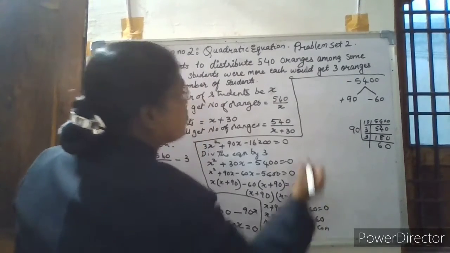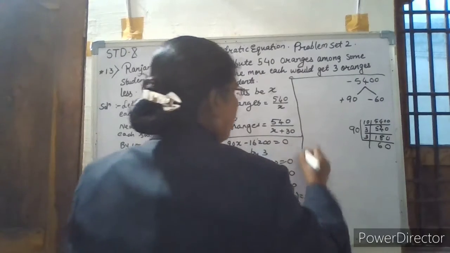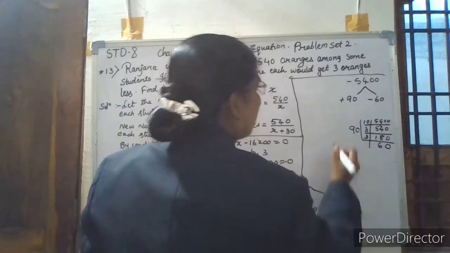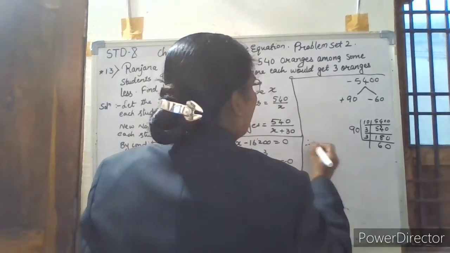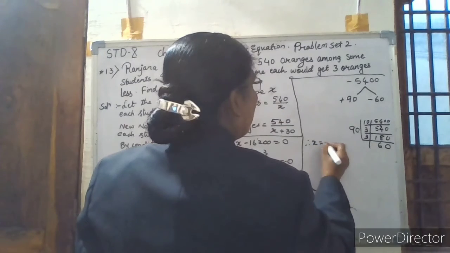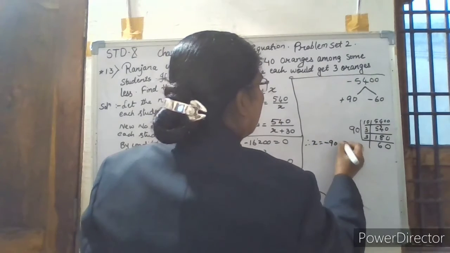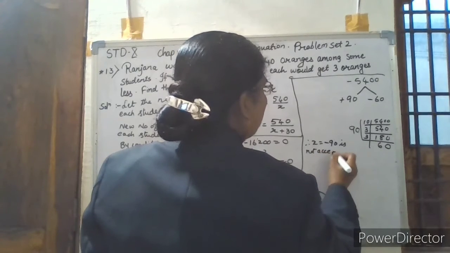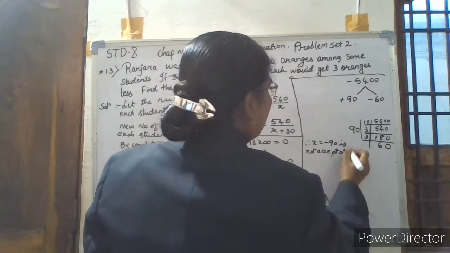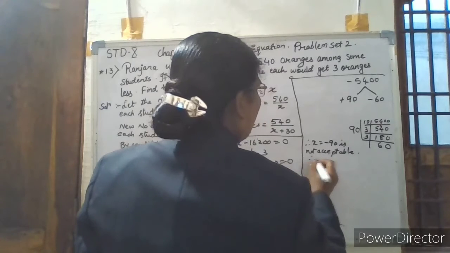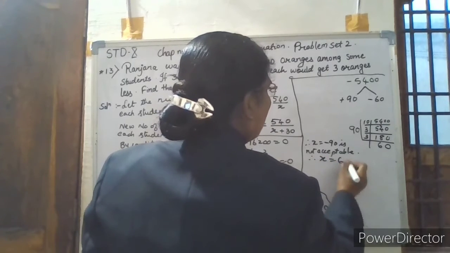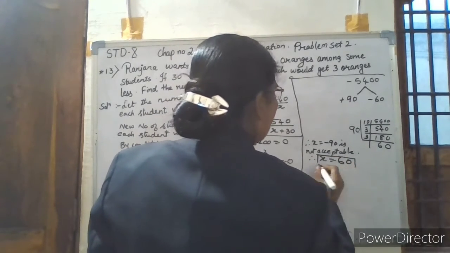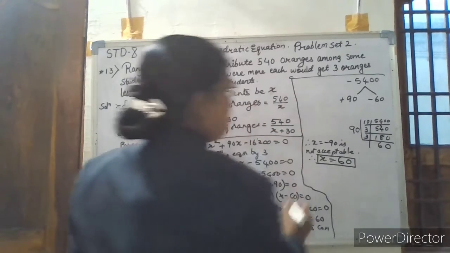Therefore x equal to minus 90 is not acceptable. Therefore x is equal to 60. This is the accepted value.